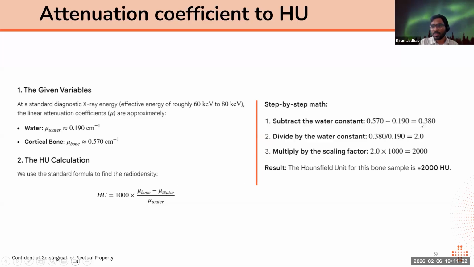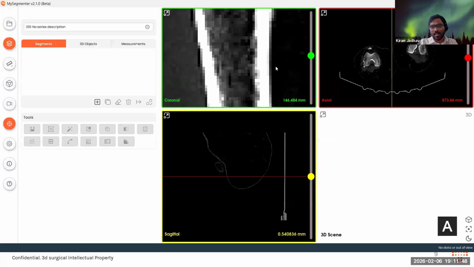It comes to around 0.380. If we divide it by the attenuation coefficient of water, we get a value of 2, and if we multiply this 2 by 1000, we get the Hounsfield unit value as we can see here.